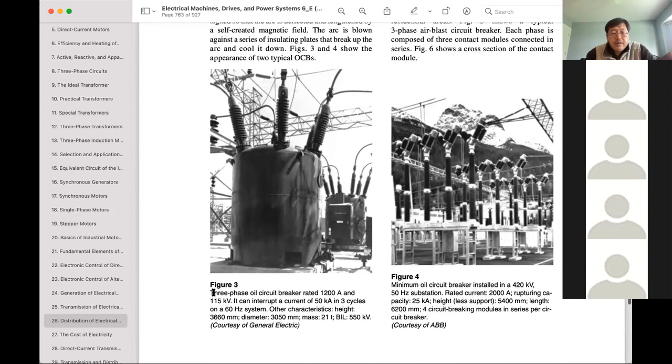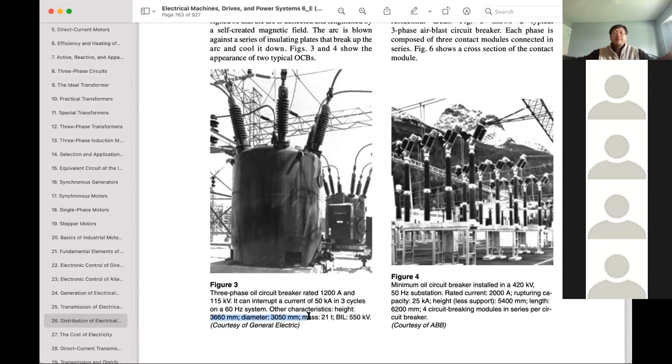This is one example of a circuit breaker. It will cut off the power in 3 cycles, so it is not cut off instantly. It is 10 feet tall and 10 feet in diameter.